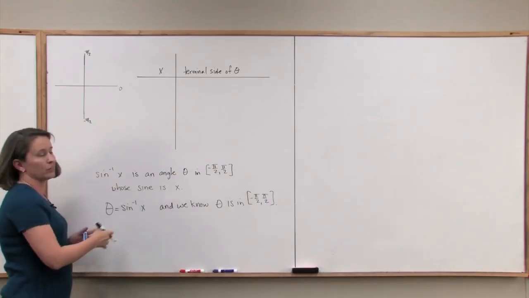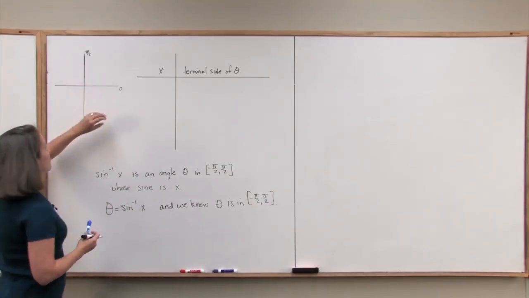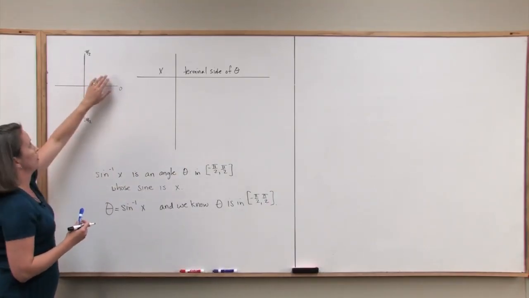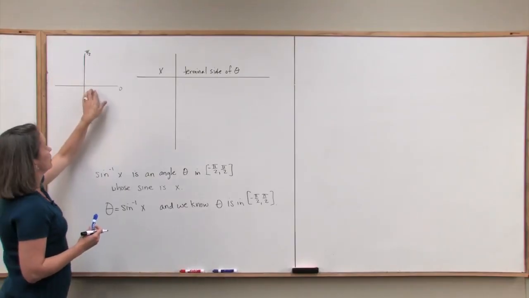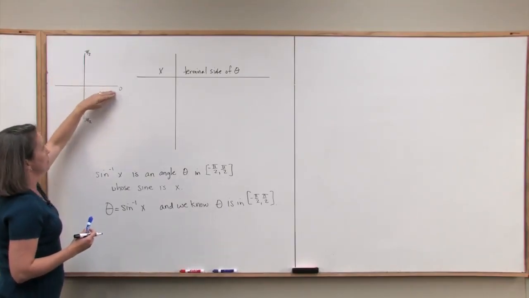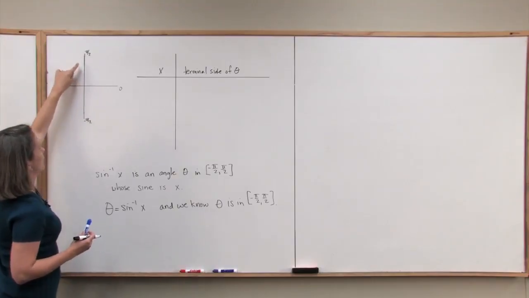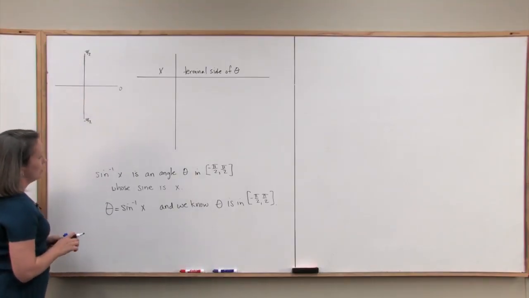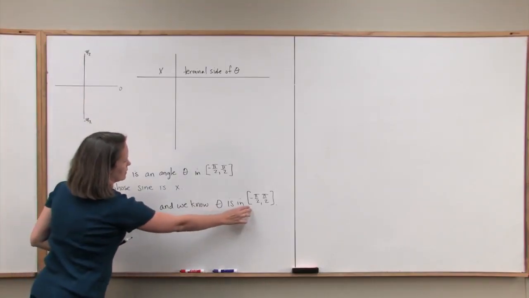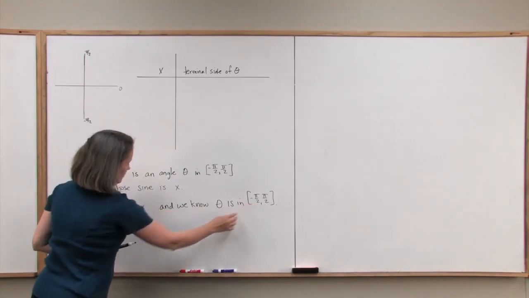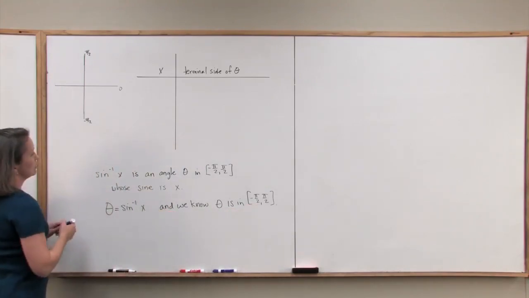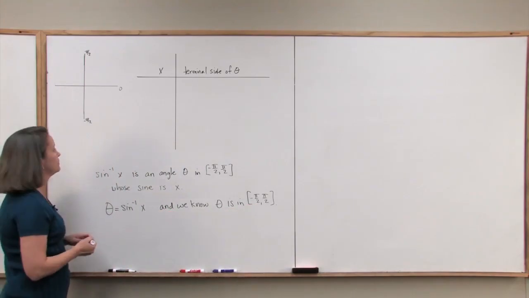So let's picture this here. This is our usual coordinate system where we look at the different quadrants. An angle of 0 radians would be drawn here, pi over 2 radians along the positive y-axis, and so on. If angle theta is in the closed interval negative pi over 2 to pi over 2, then where could theta lie?